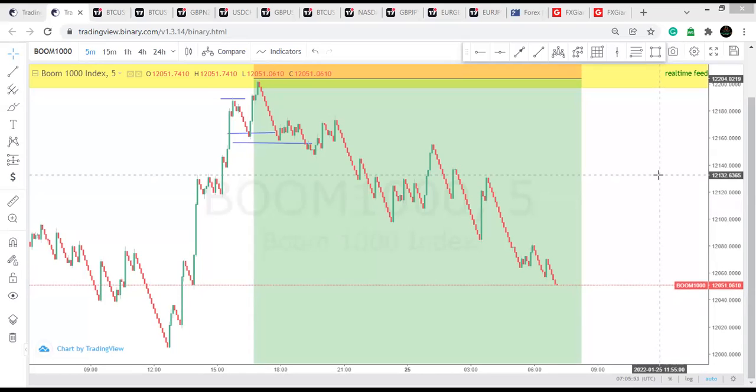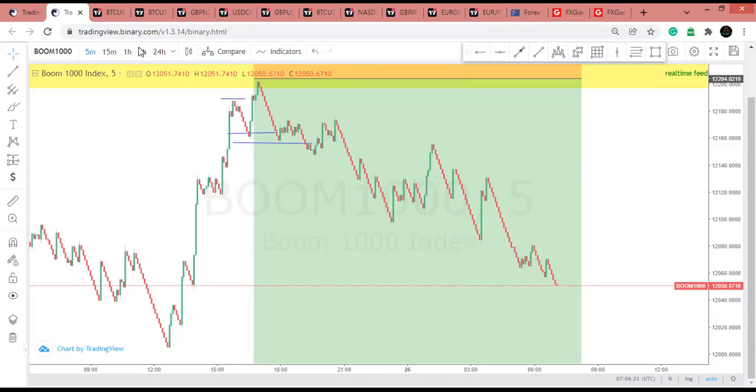So let me use this opportunity to explain it and share what I'm seeing, my entry model, because when I dropped the setup yesterday, I was telling guys that until I see my entry model, I'm not getting into the trade. So this morning, that's what I'm going to be doing. I'm going to be sharing my thought process on it.